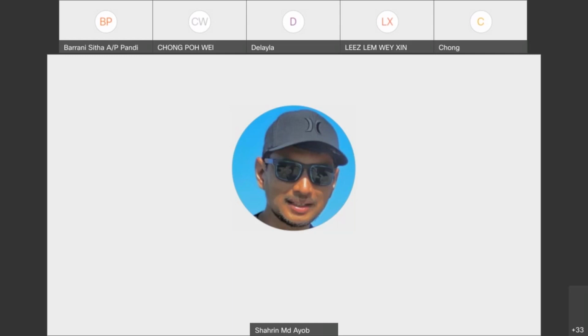And you need to verify your answer by doing the simulation using LTSpice. Using LTSpice, you just take a snapshot. For example, like this, I show you.